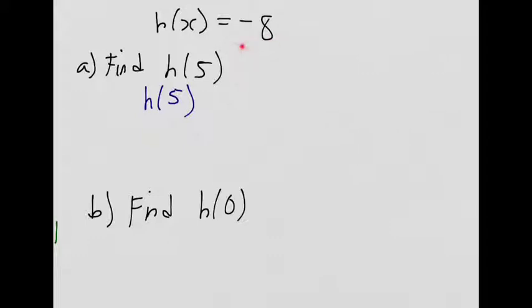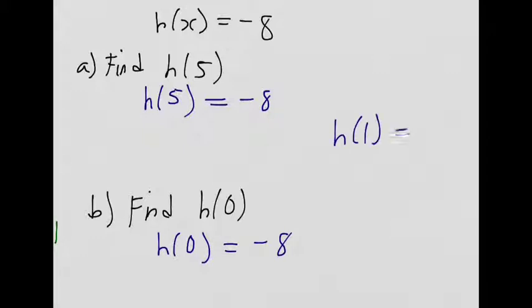There is no x to put that 5 in place of. So this is a special type of function in that regardless of what input you put into the function, you will always get the output negative 8. So if I put in 5 into my function, I would get negative 8. If I put in 0, I would still get negative 8. If I put in 1, I would get negative 8. If I put in 97, I would get negative 8, and the pattern would just continue.